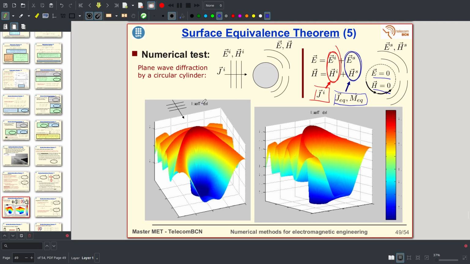Here we have a perfectly conducting circular cylinder. This cylinder is infinite in the perpendicular dimension, so imagine the cylinder axis is parallel to the Z axis, and it is an infinite cylinder, okay, infinite.